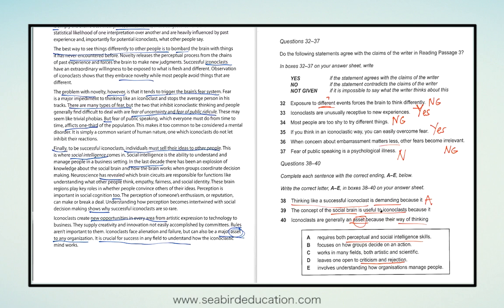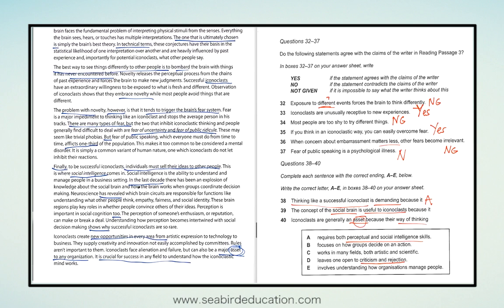The concept of the social brain is useful to iconoclasts because... I don't know where this is.